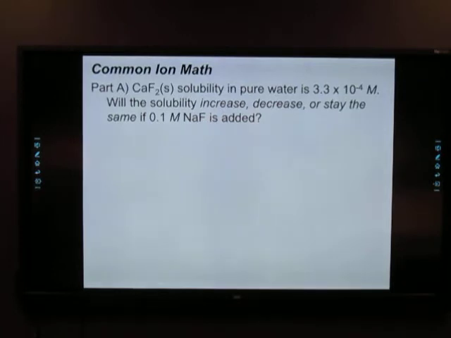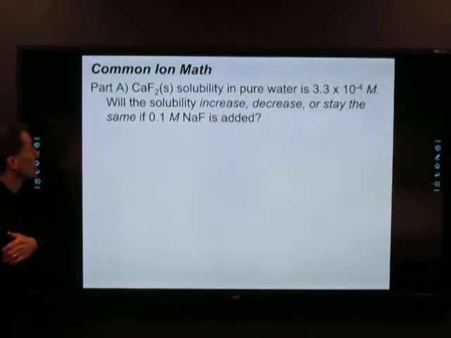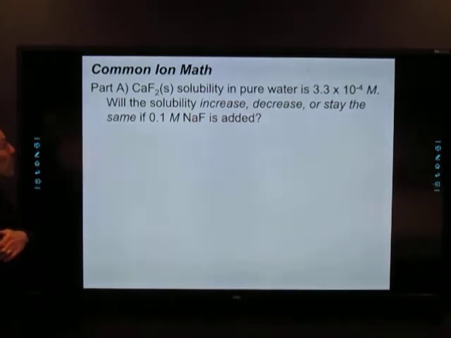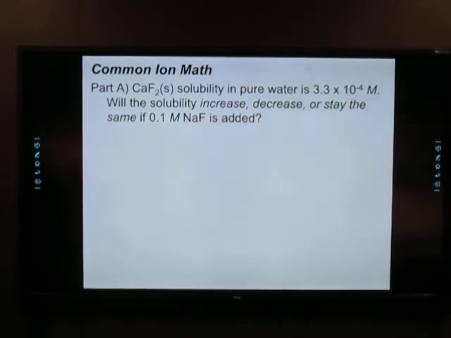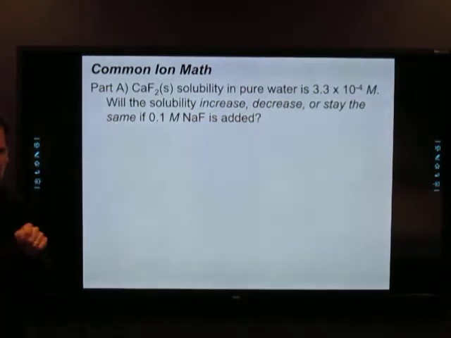So now let's do the math. The solubility in pure water for calcium fluoride is 3.3 times 10 to the minus 4. Will the solubility increase, decrease, or stay the same if we add some NaF? This is kind of a combination of conceptual and mathematical.